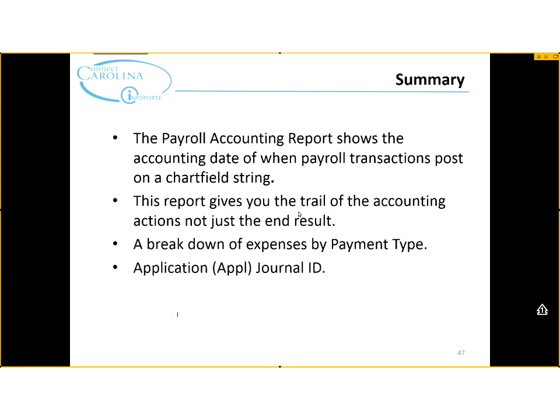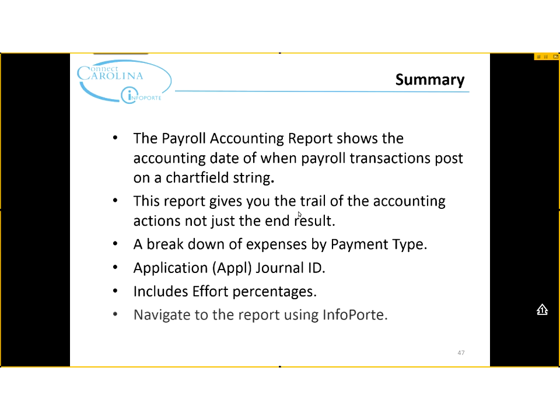You can also see application journal ID and effort percentages. You'll navigate through InfoPort to get to this report. It's not exactly in InfoPort. It's a SAS Web Studio reporting tool, so you will need the enhanced financial reporting access in InfoPort.